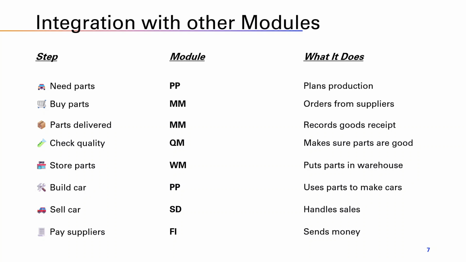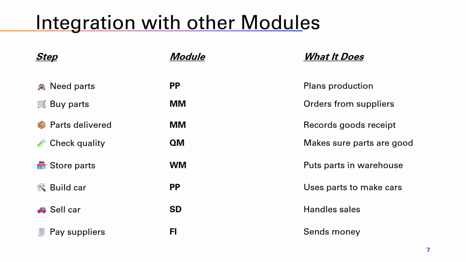Imagine a car factory making cars to sell. To make and sell cars, the factory needs parts like tires, engines, seats. MM will place orders with suppliers to buy those parts. Once the parts are delivered, MM will record goods receipt.